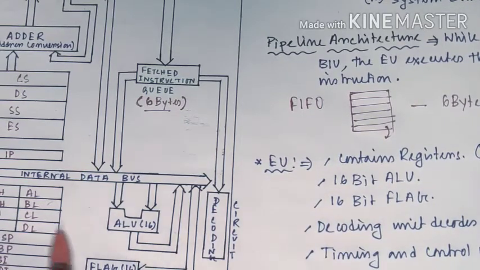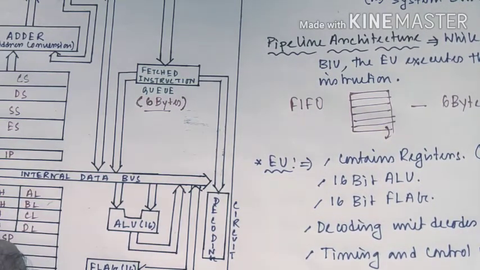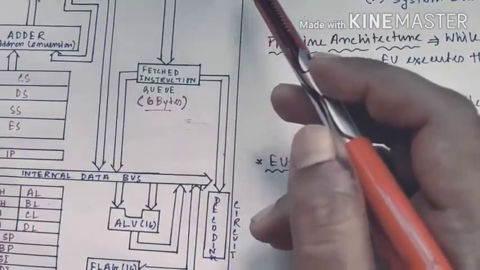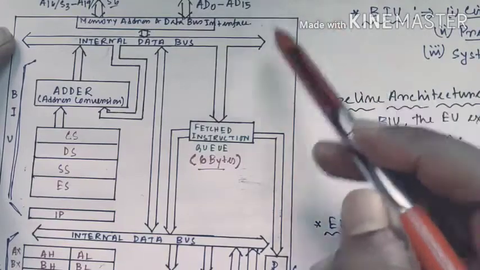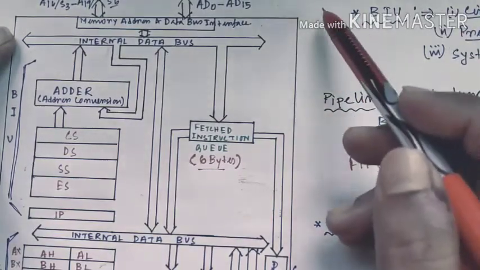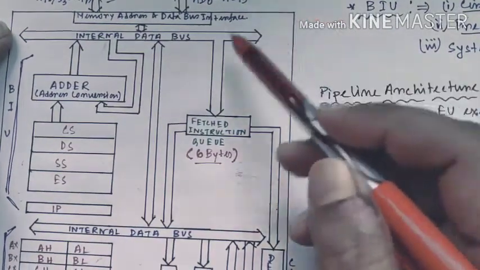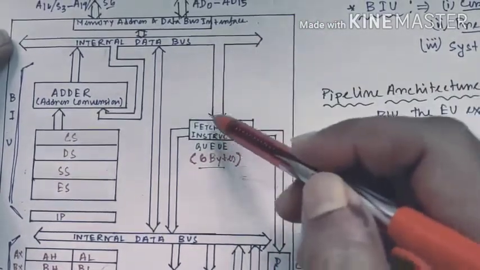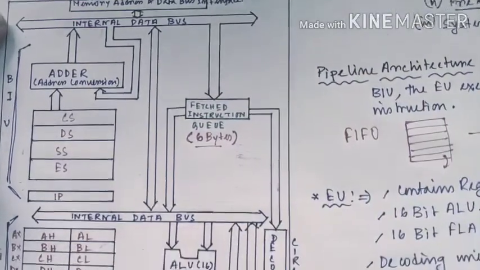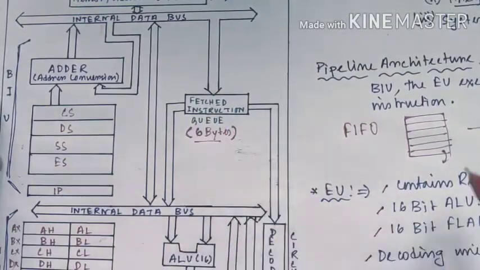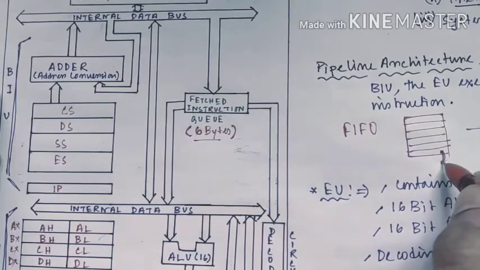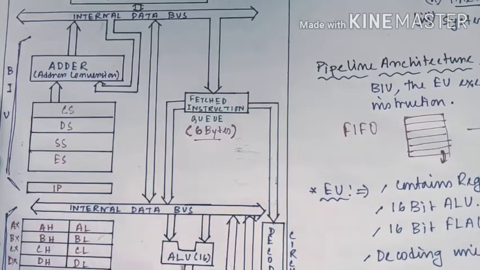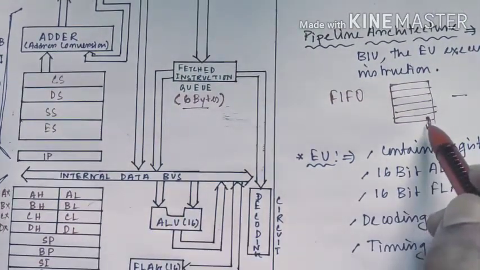Now, the function of the bus interface unit is to fetch, by using its buses, the opcode that the execution unit wants to execute. Gradually, from memory or from IO devices, mainly from memory, the opcode comes into this opcode fetch queue, and the firstly fetched opcode will be transferred to the execution unit so that it can execute this opcode.